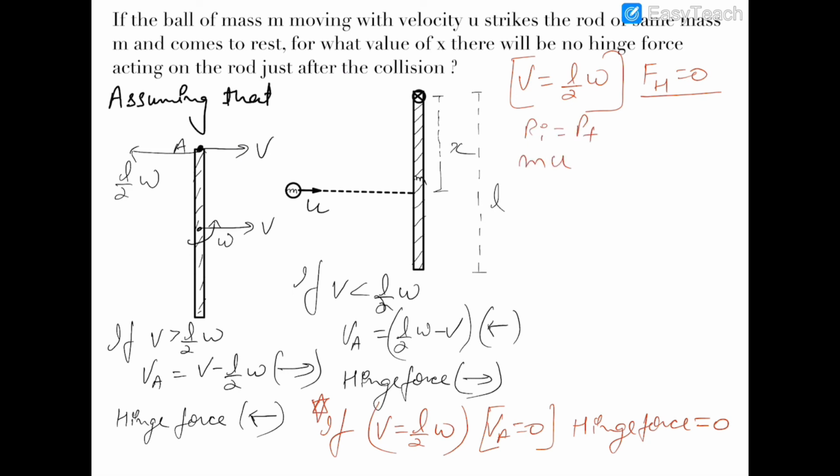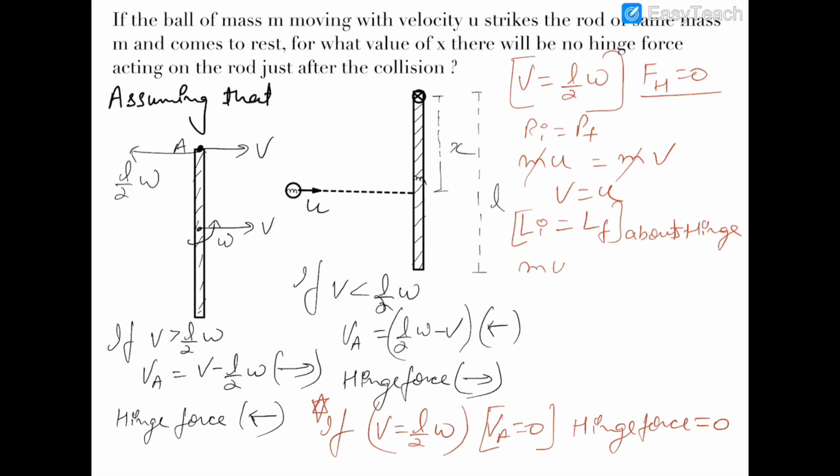So mu will be equal to mv, where v is the velocity of the center of the rod. So v is equal to u, and we can also balance the angular momentum about the hinge or about any point. We can balance about any point, but we are balancing about the hinge.